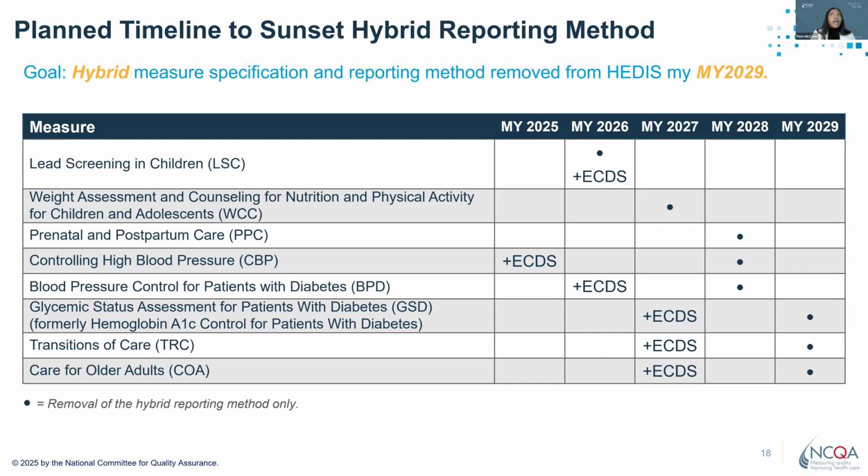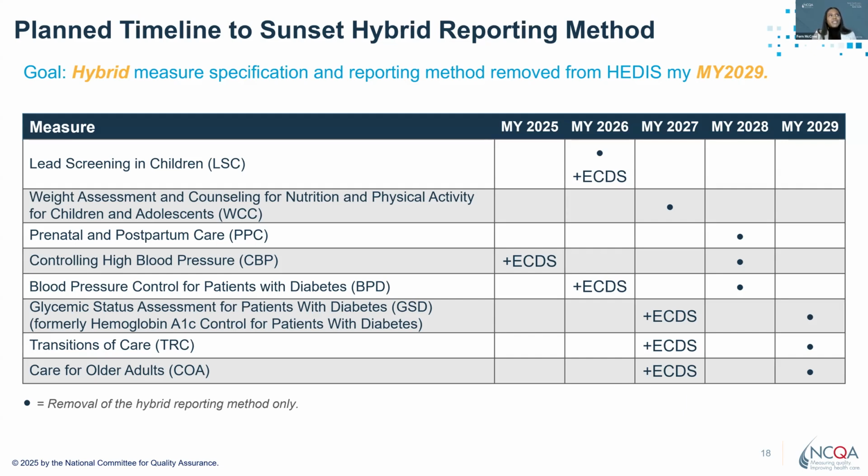And so you can see that each of these measures has a different timeline. It's not just 1 year. We're actually going to be doing it over time through this time frame. In addition to that, the measures have their own pathways.